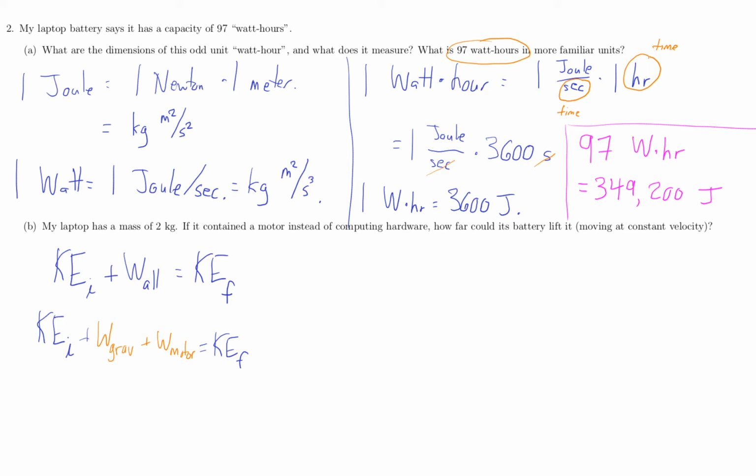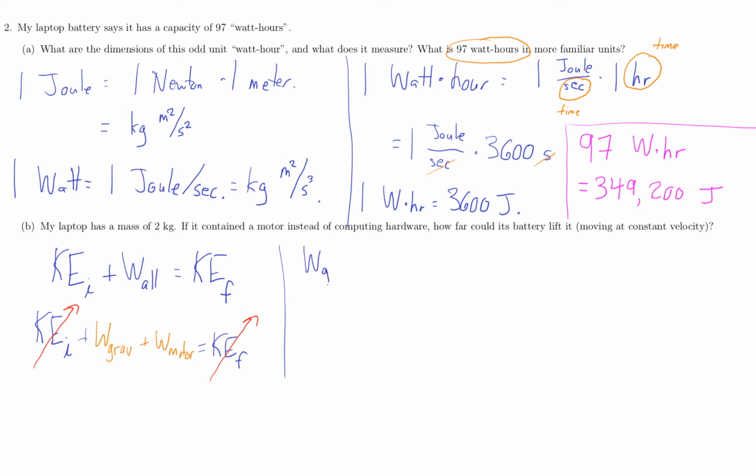And since I know that I'm not accelerating, right? The speed at the beginning and the speed at the end of this motion are going to be basically the same. I can cancel those things. So all that means is that the work done by gravity plus the work done by the motor equals 0. Now the motor is doing positive work.